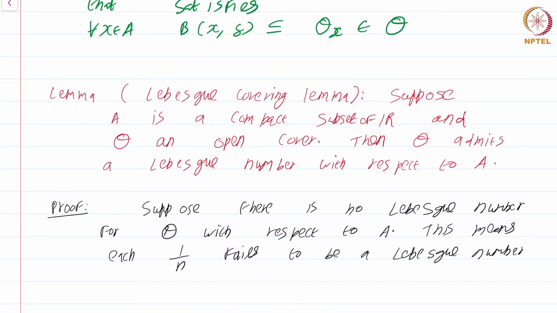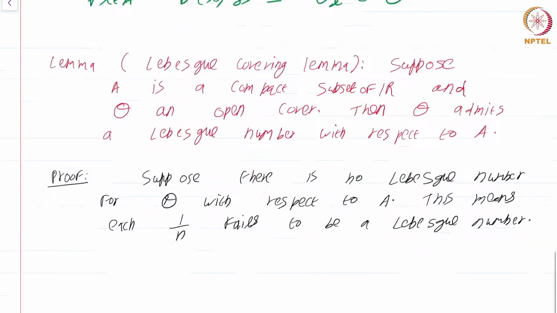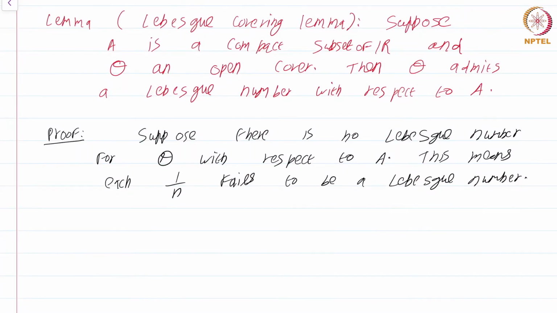There is no Lebesgue number, therefore 1 by n cannot be a Lebesgue number. Okay. Now, how do we exploit this?